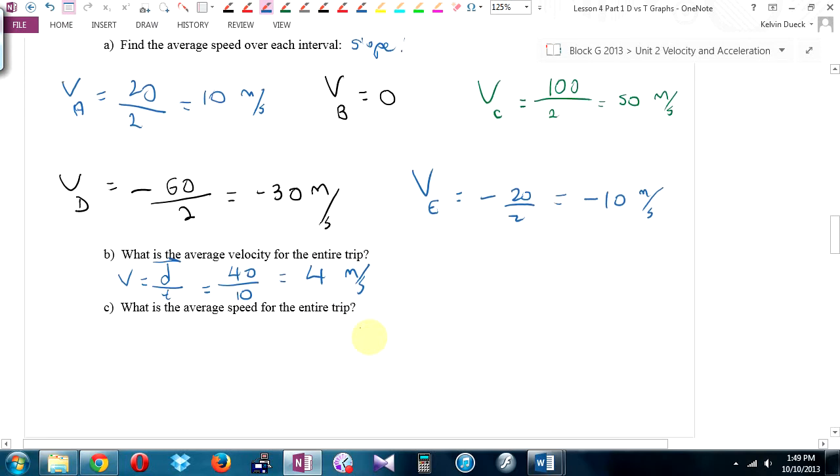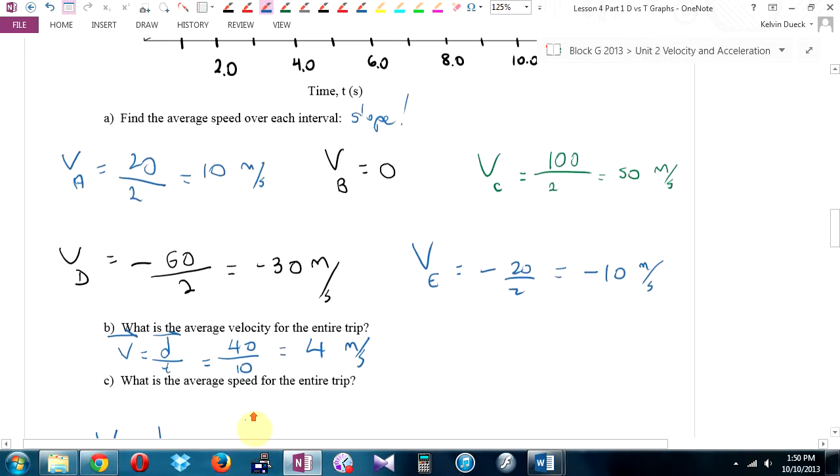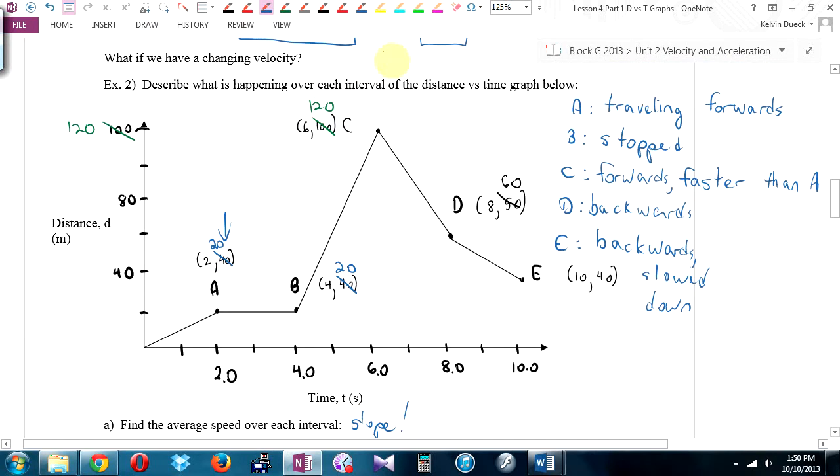Compare that with average speed. Oh, forgot the vector. Average speed is distance over time, still over 10 seconds. How far did we travel grand total? How far did we travel forwards? 120. How far did we travel backwards? We went 120 forwards, and then starting at 120, we went to 40.